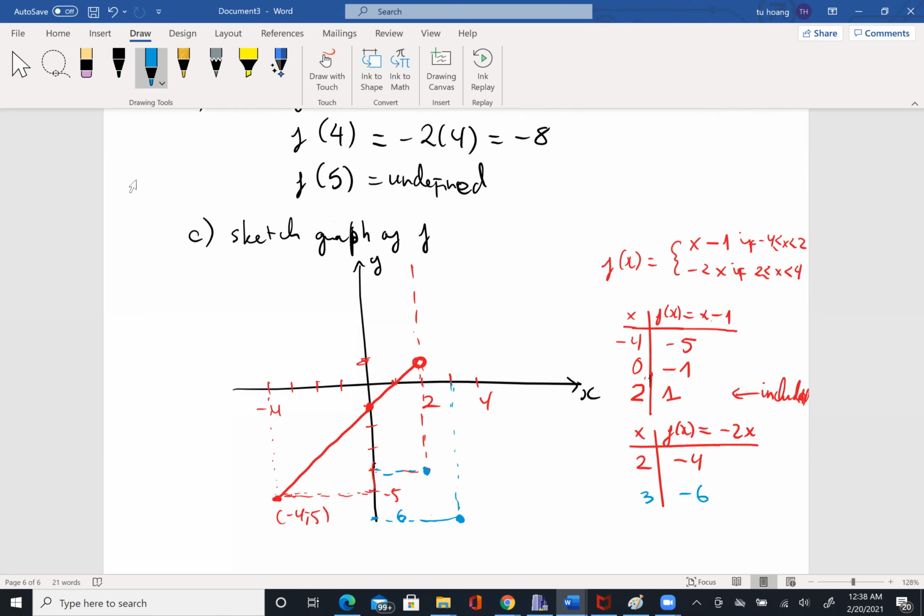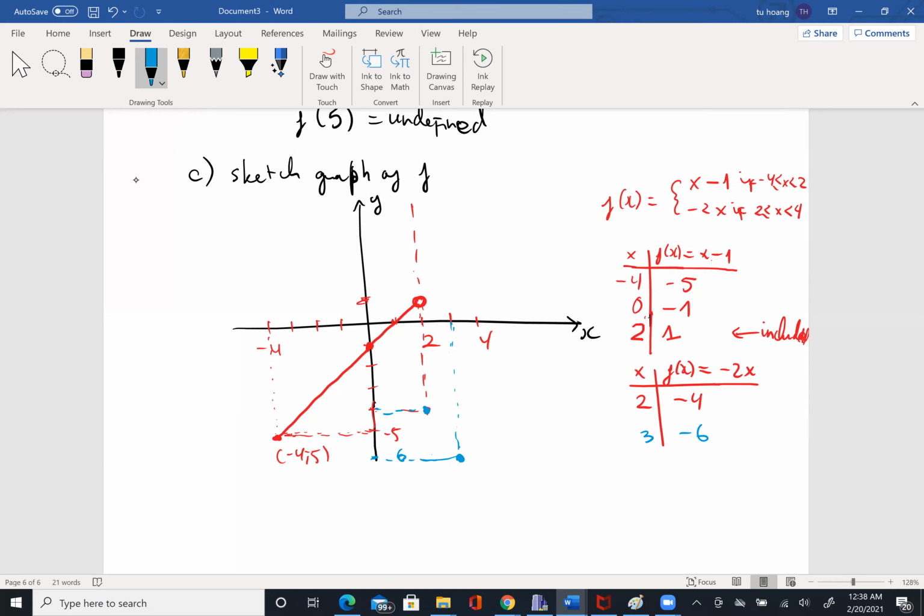It actually can keep going until 4. So I'm gonna put 4 here. And what happens with that? It's gonna be negative 8. But remember that this is not included, right? So not included. So if you want to draw this, you need to go down more.